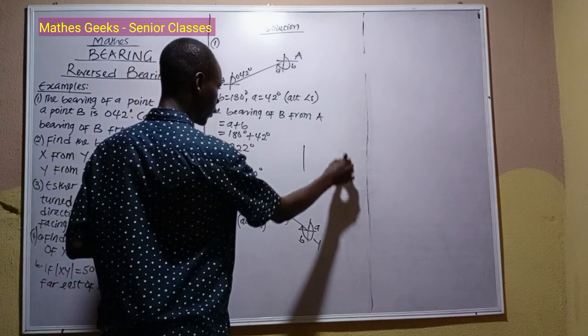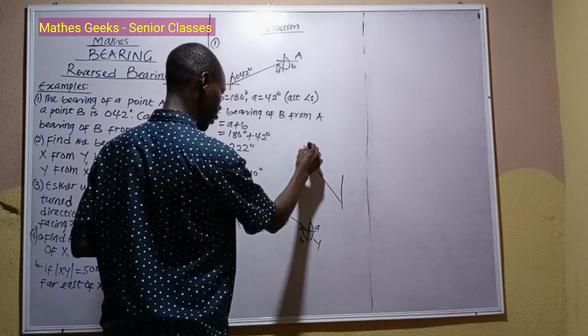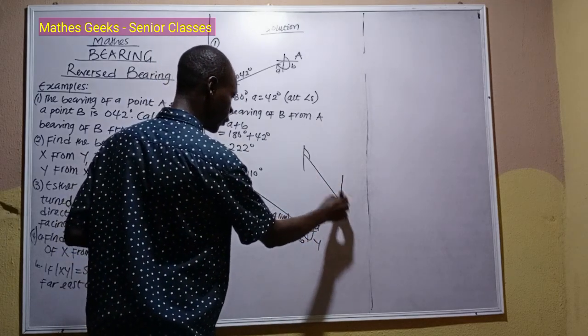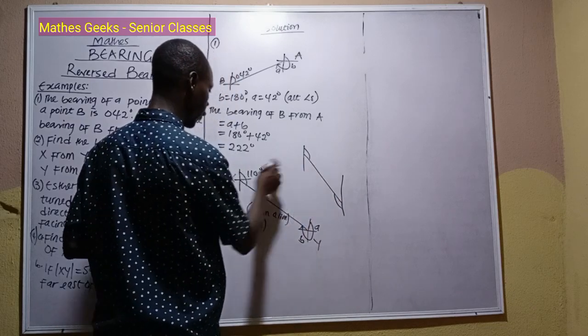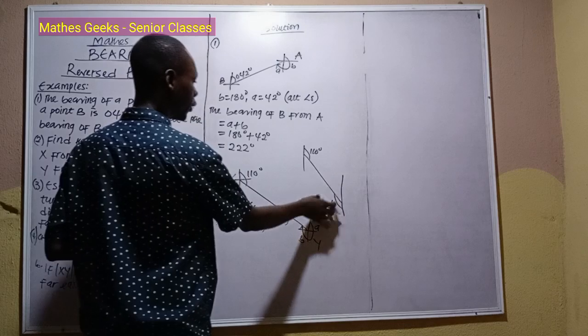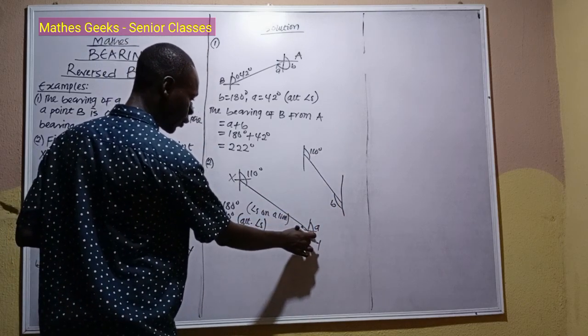Remember, if you have something like this, these are parallel lines, and this is a transversal cutting the parallel lines. What we have here is 110 degrees, and what we have here is B, so they are alternate. Take note, it's not from the north to this line, it's from the south, from here to here.